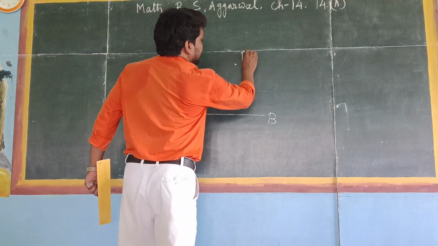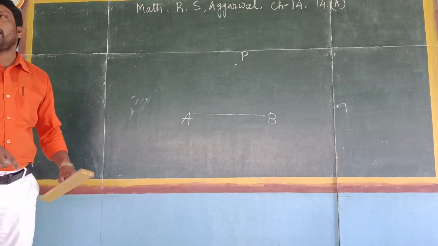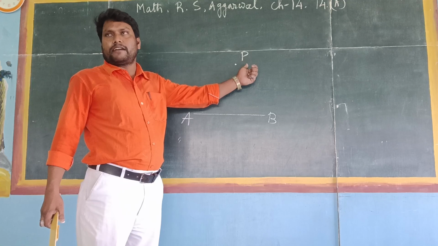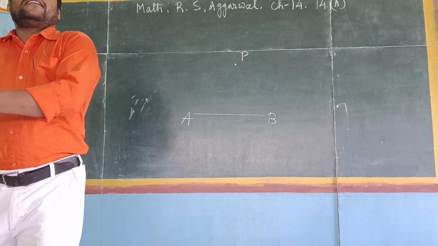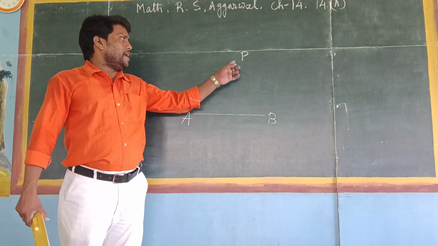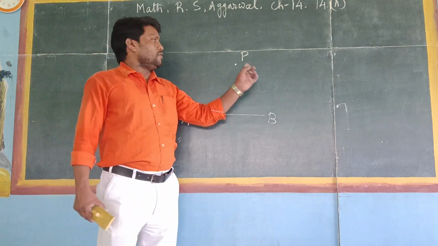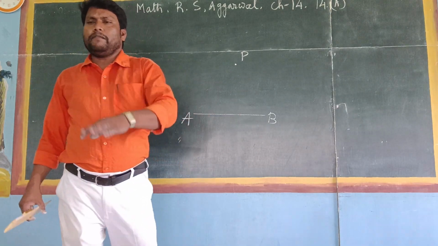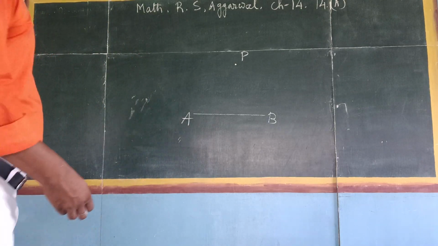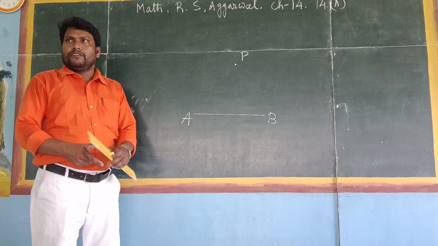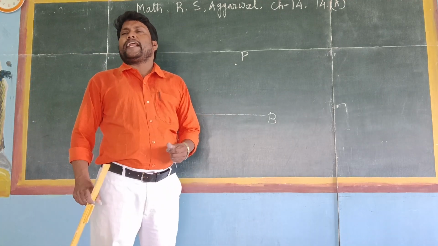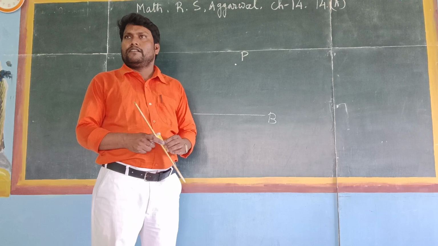And it is said that it is P. The question has said, take a point outside the line segment. Okay. And make a parallel line PQ or MN. What is given? MN. There is given AB. MN parallel line should be done.